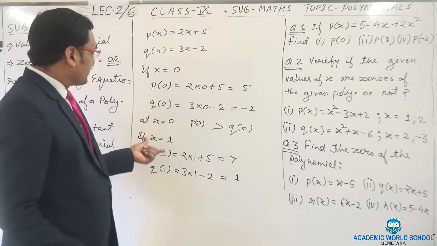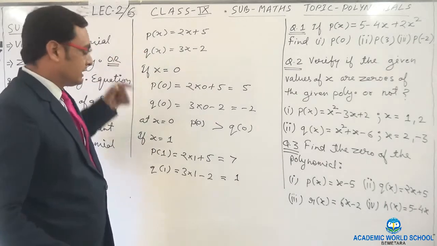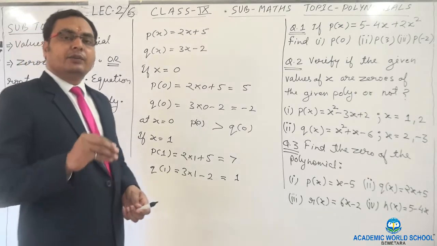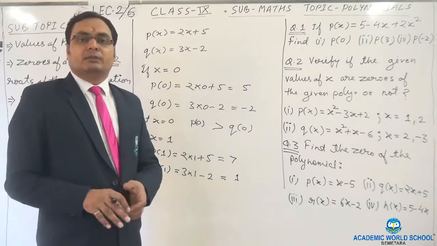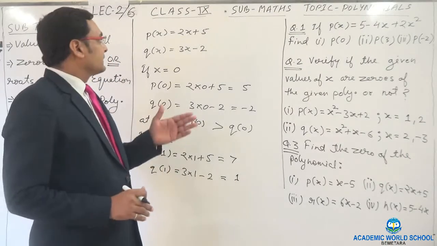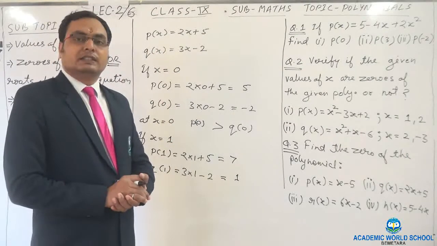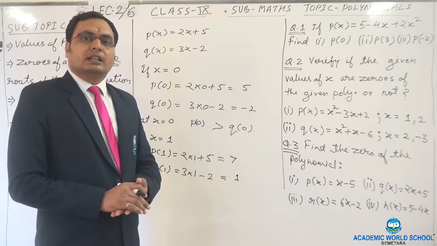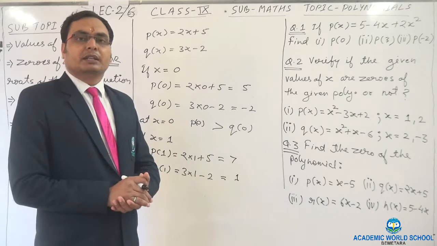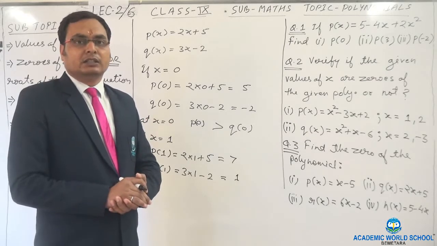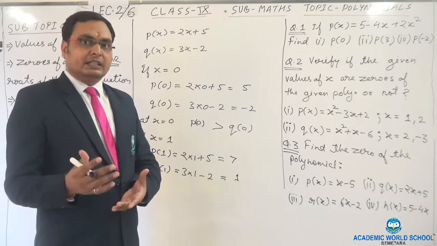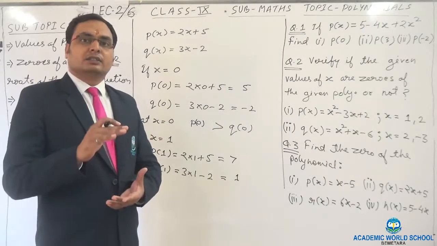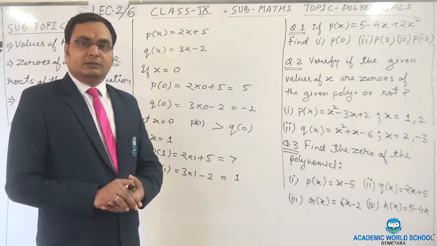So these are the values of these two polynomials p(x) and q(x) at x is equal to 1. Similarly, if we put any value of the variable x, we will get some value of these given polynomials at that value of x. So there are infinite real numbers. We may put any value of this variable and we will get infinite values of these polynomials at the given values of the variable.